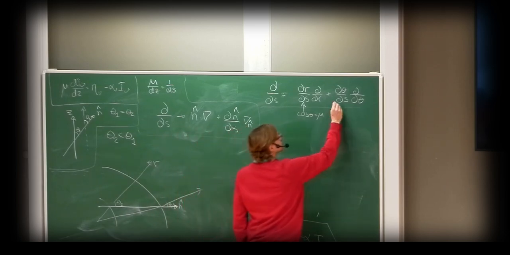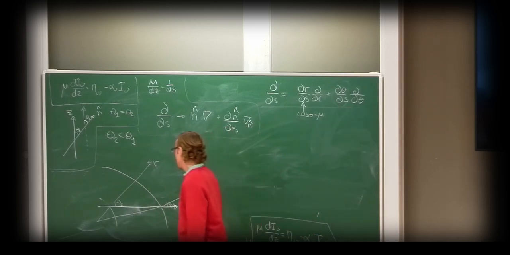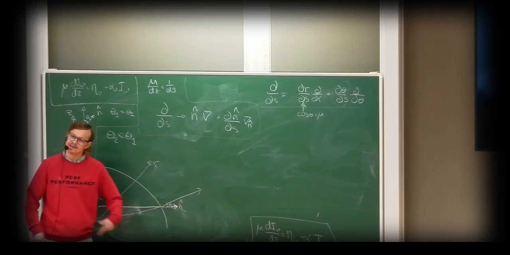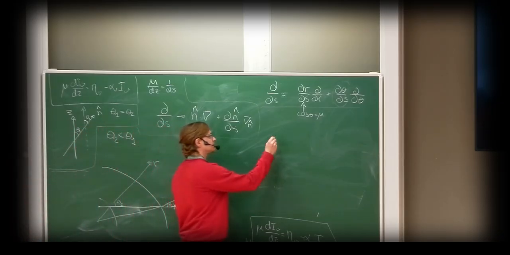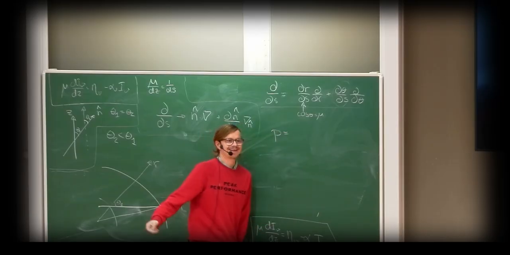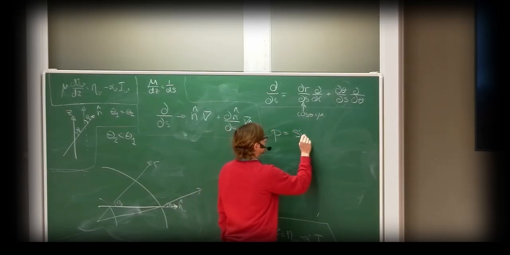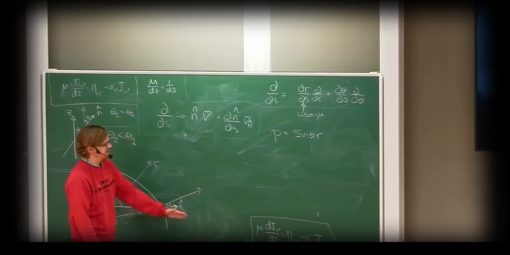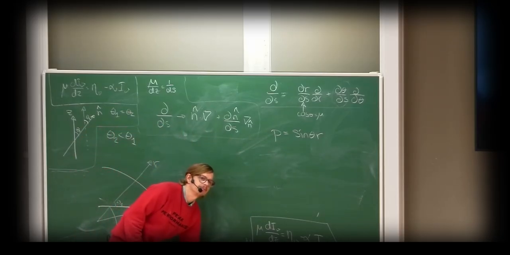The question is, what do we do with this? Well, we can realize that the constant along this ray here is what we typically call the impact parameter, and that's sine theta times r. You can try to convince yourself that this is the preserved quantity here.